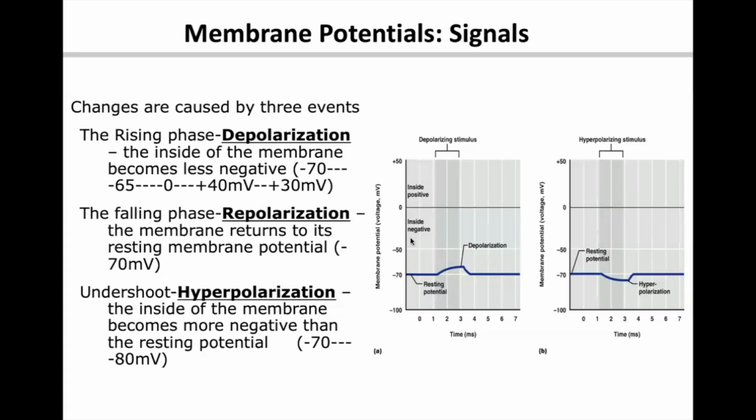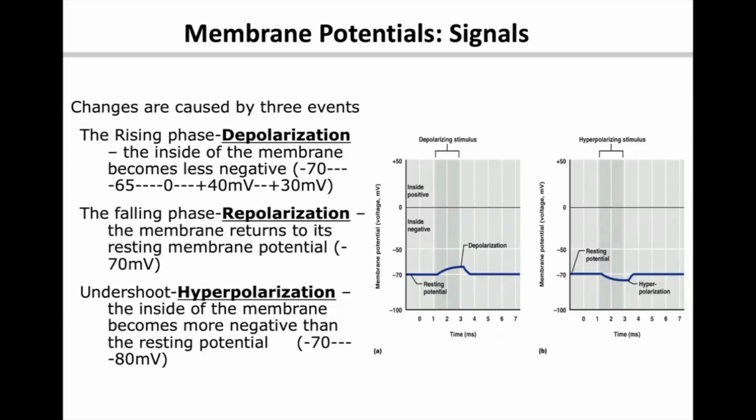And then when it reaches positive 30, it tries to go down. At that point, it is known as repolarization, where it is trying to return to its membrane potential, negative 70. And sometimes it even goes below the resting potential to negative 90 millivolts, which is known as hyperpolarization.